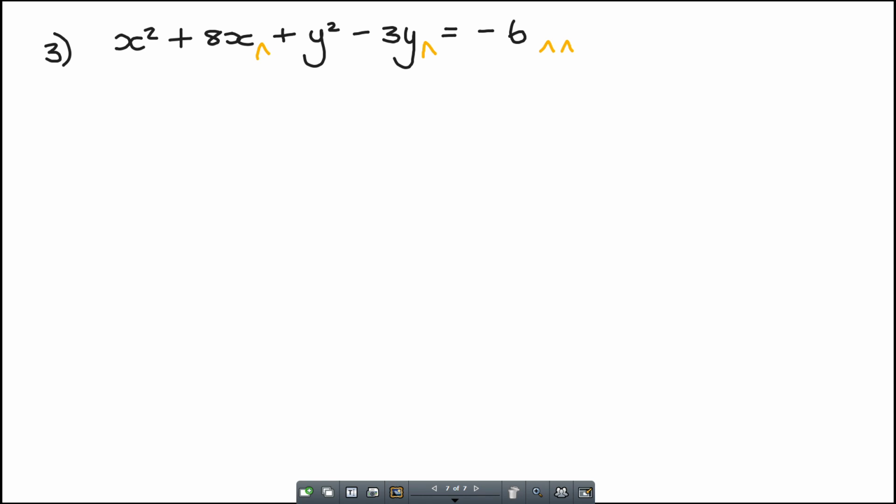Coefficient is what's written just in front of the x. Square it.